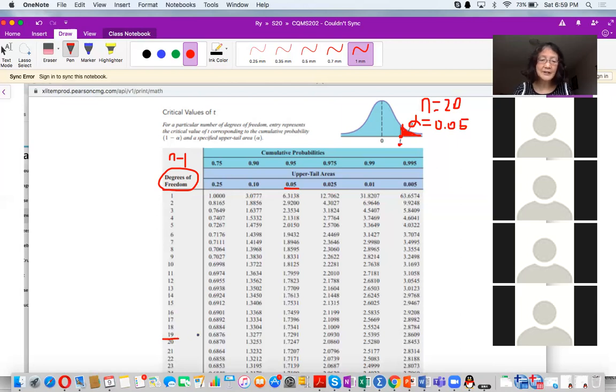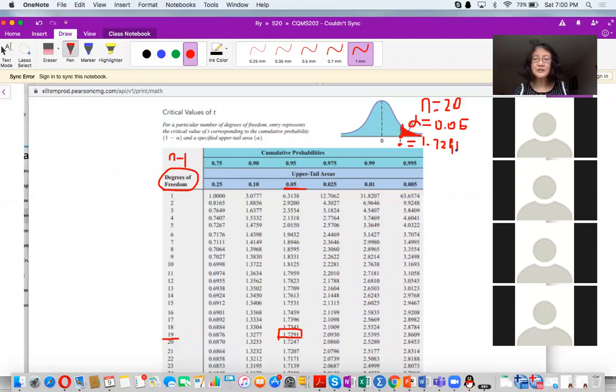The intersection of 19 with 0.05, I get this number, 1.7291. That is this point T. T equal to 1.7291. Any questions? How do you find critical value T based on alpha and sample size? So this is method 1, based on table.